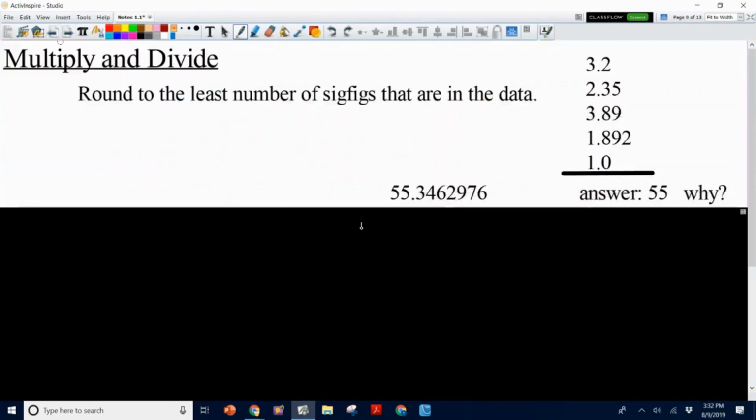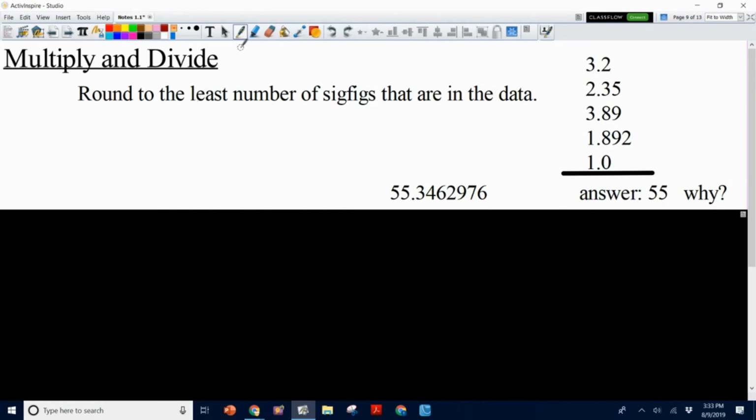Chemistry is very math intensive. So we're going to be doing a lot of math in here, a lot of multiplying, dividing, adding, and subtracting. So if you learn these rules and learn how to do this, it's just going to make the other things easier.